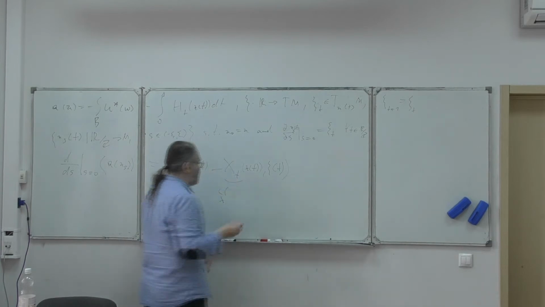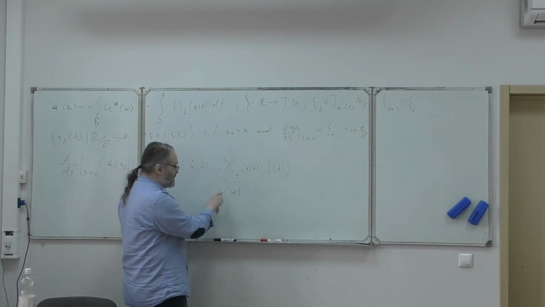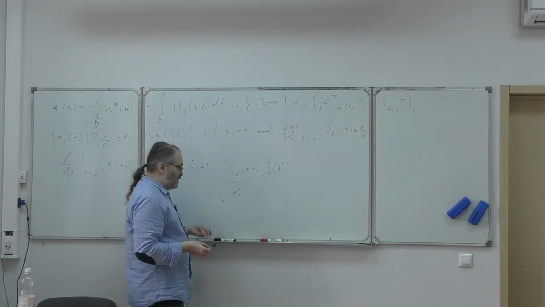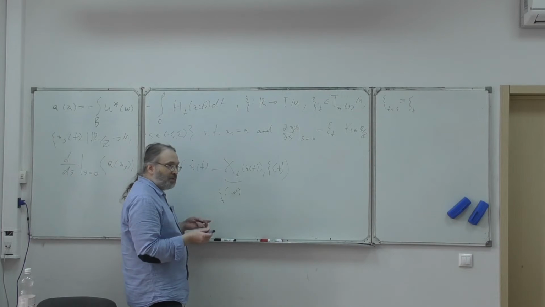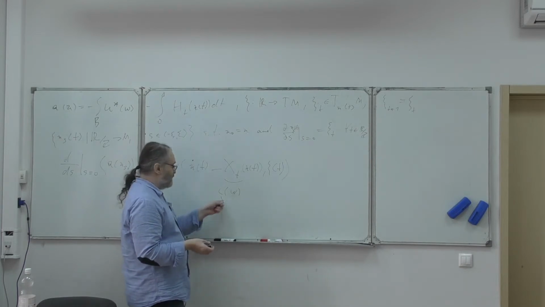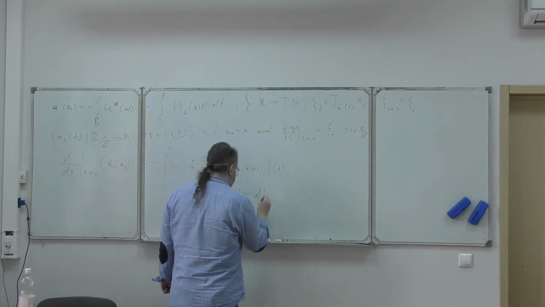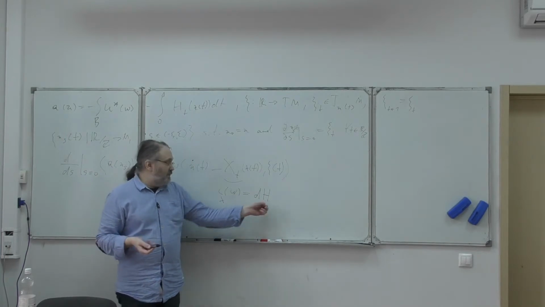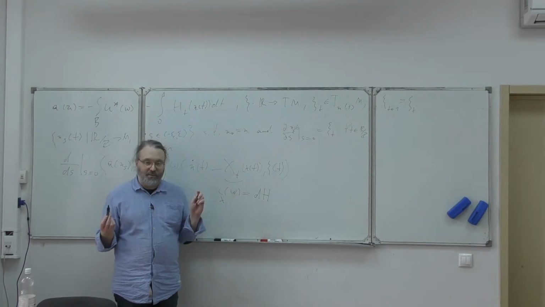Well, it is defined by the following formula. We take omega and substitute x_t in the first place, and then we get a one form. Starting from a two form, we get a one form. And this should be equal to dh. And this is minus. Minus or plus? It seems to be minus.